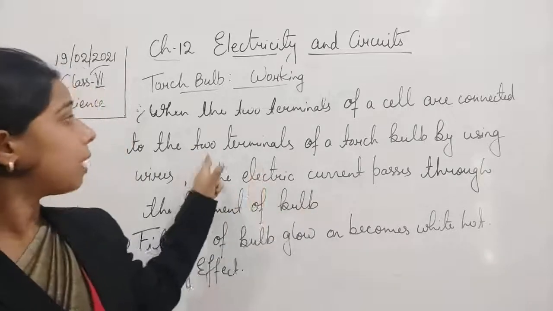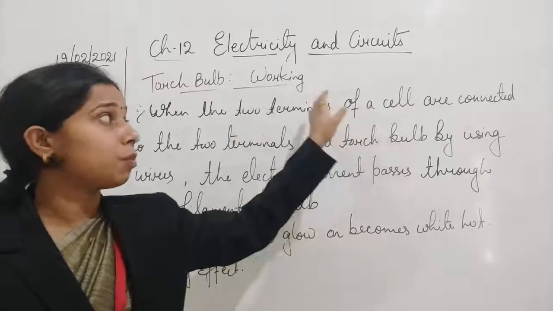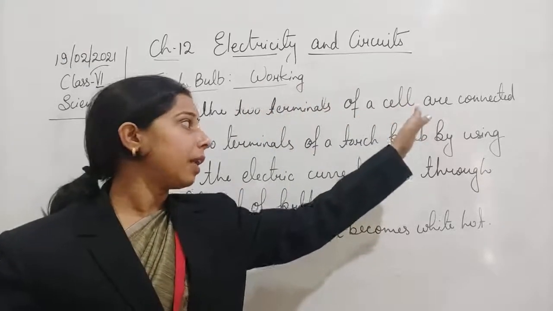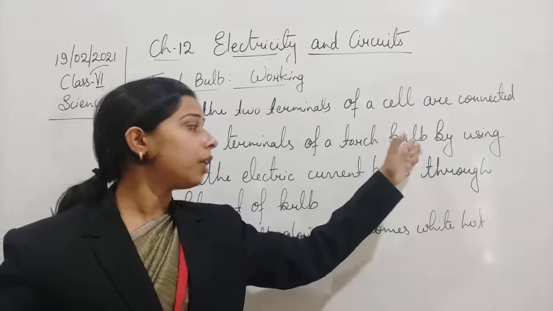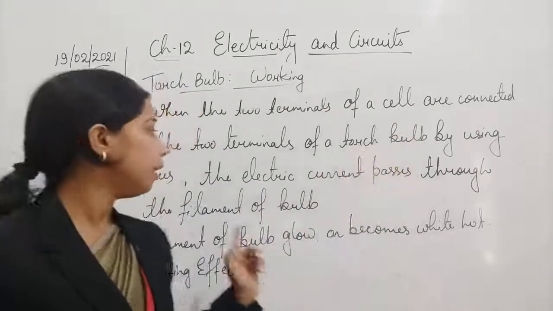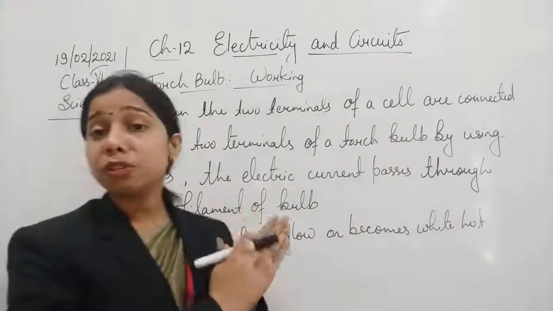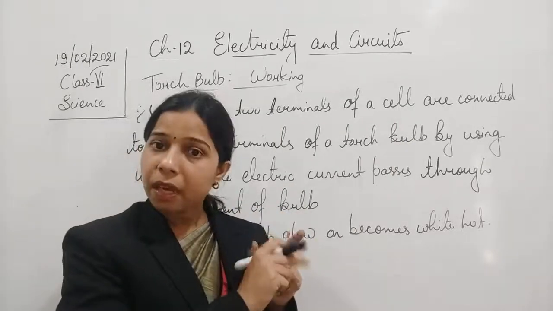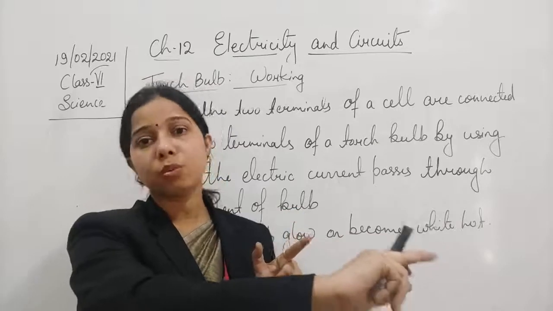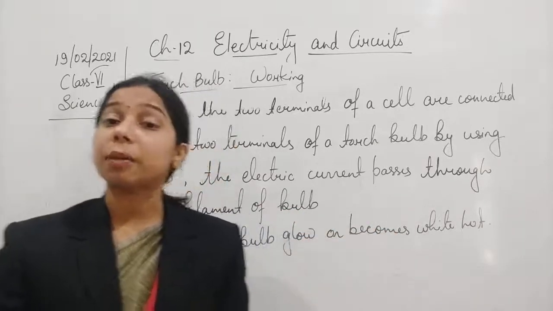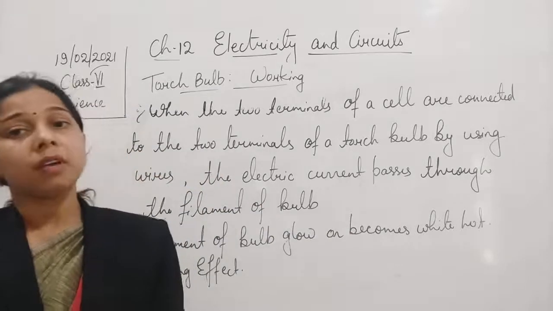How does it glow? The electric current enters from one terminal of the cell into one terminal of the torch bulb, reaches the filament, and from the filament comes back to the other terminal of the torch bulb and finally reaches the other terminal of the cell.